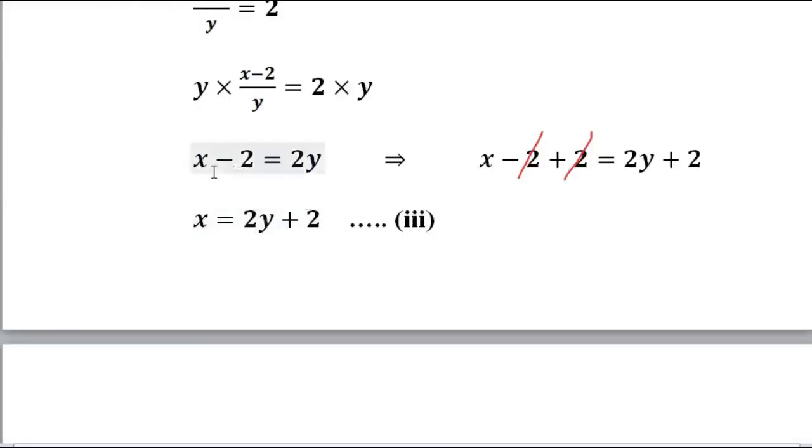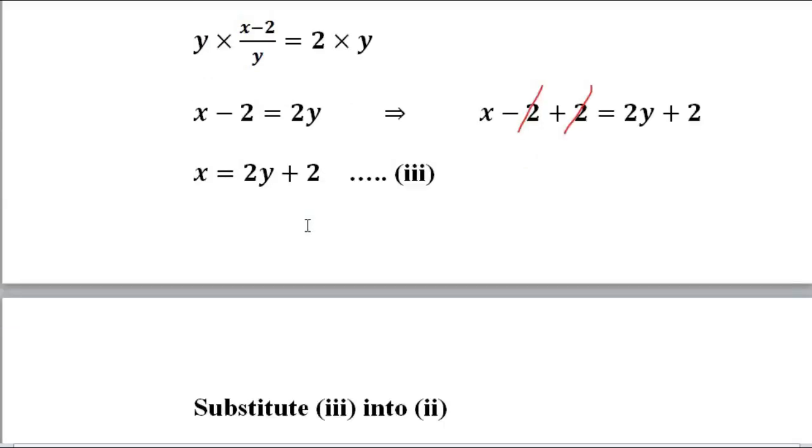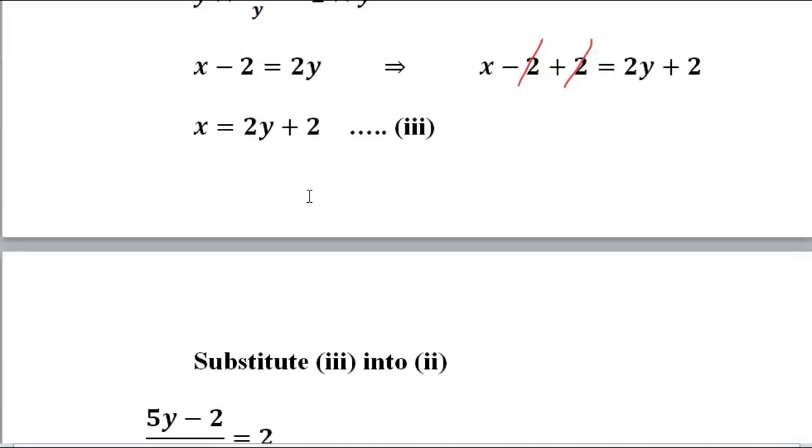Now, to solve this equation for x, I'll add 2 to both sides. We get x minus 2 plus 2 equals 2y plus 2. Since negative 2 plus 2 is 0, we get x equals 2y plus 2. I'll name this equation as equation 3.